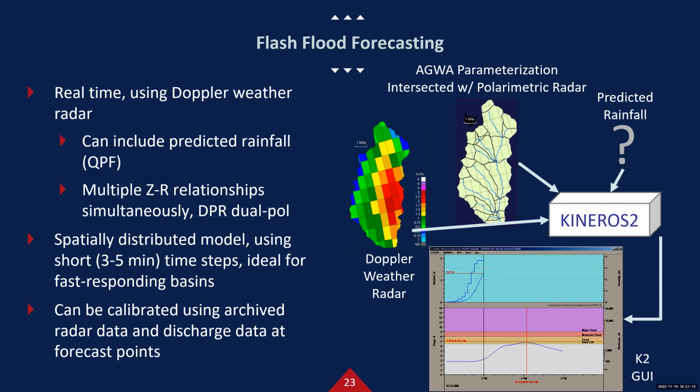and you can get a new Doppler radar trace, or estimate of rainfall, about every 3 to 5 minutes. So the Doppler radar starts at a low level and then makes a scan and then spirals up to a higher level, and all that data gets integrated. And again, you could calibrate the model using archived radar data and discharge at forecast points.